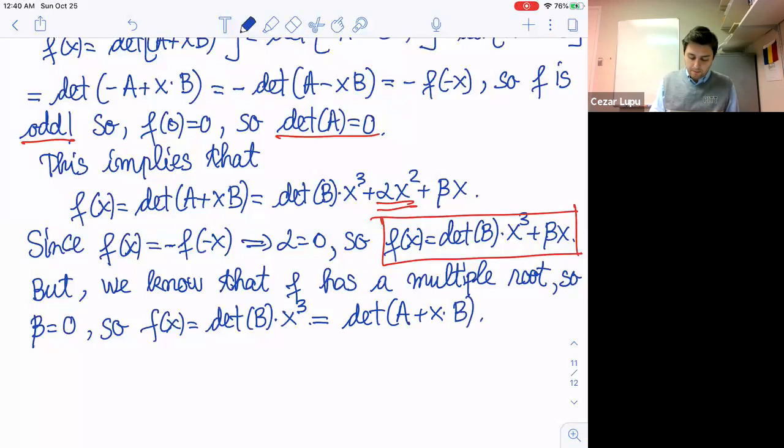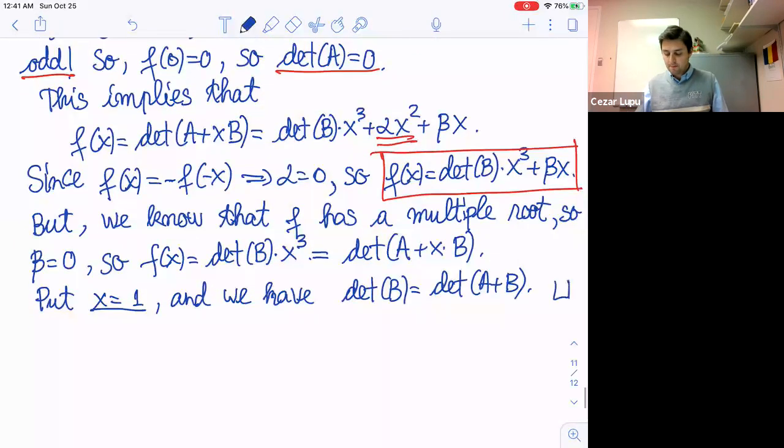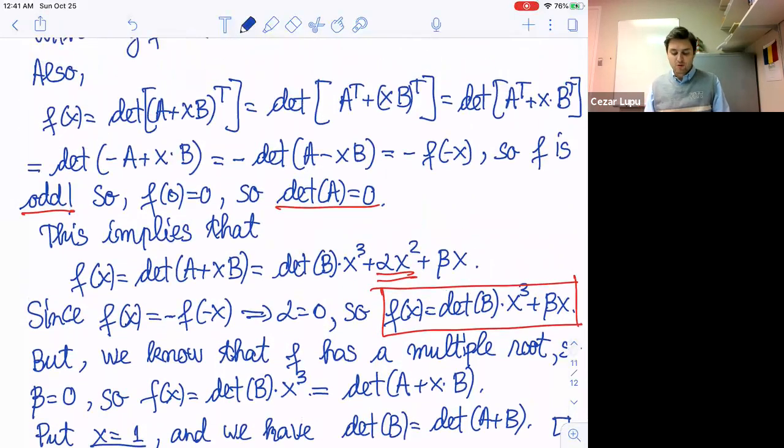So put x equals 1, and we obtain exactly what we want. So the determinant of B is nothing else than just the determinant of A plus B, and we're done. Very nice problem indeed, right? So that was the trick, just to show that this is odd, and then you can get information about the polynomial.